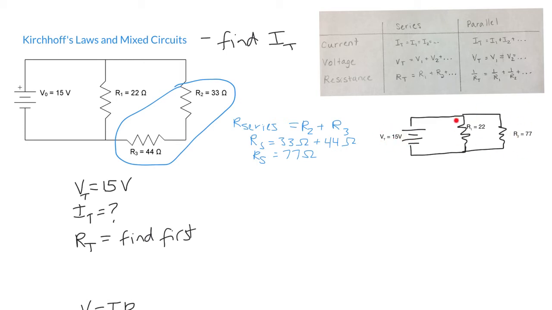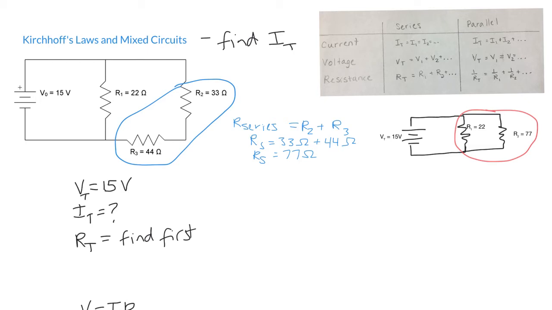The last thing we want to do is find the equivalent resistance between these two. I've combined one, and I just need to combine these two and I can have my overall resistance. But these two resistors are now in parallel. So when I come to my rules up here, I'm going to need to use this formula for the parallel resistors, and I will find the equivalent resistance of that.